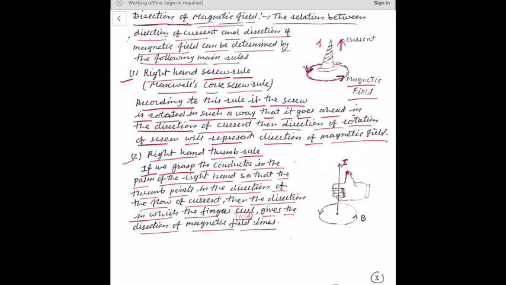When the direction of current in the wire is upward, the magnetic field is in anti-clockwise direction.